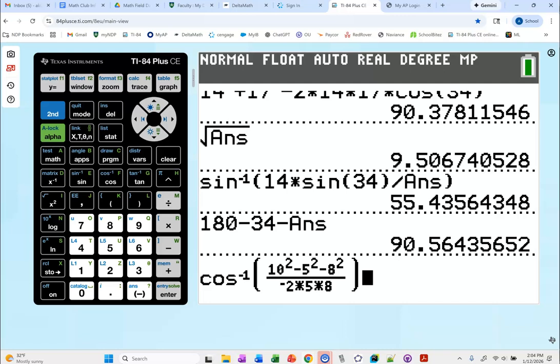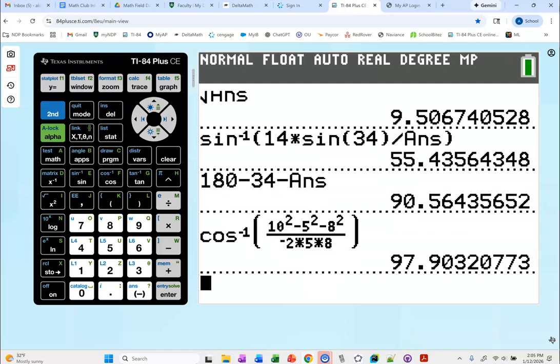That's what it's going to look like in my calculator. Emma, Rocco, Sebastian, you know how to get that horizontal fraction bar on your calculator like that? Okay. I just checked. It's something we've hammered a bunch of times in here. I just want to make sure. So my answer there becomes 97.90.